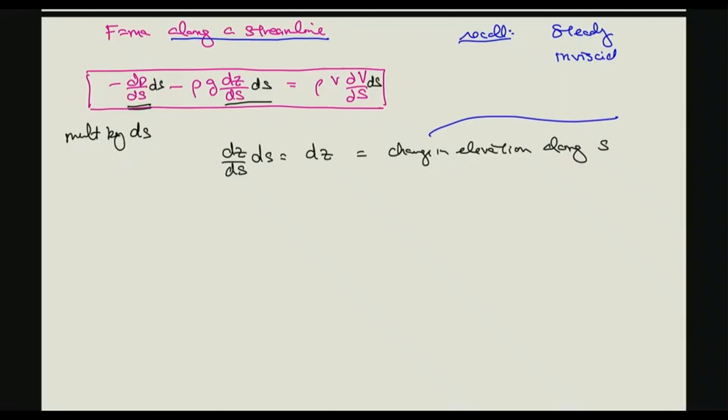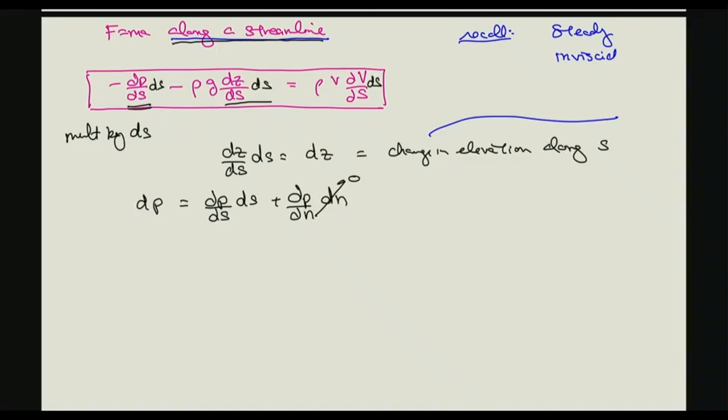This term here, first let's consider the fact that in general, the change in pressure in our flow can be determined by the change in pressure with respect to s, ds, plus the change in pressure along the normal, dn. But since we are just considering a flow along the streamline, there will be no change in the n direction.